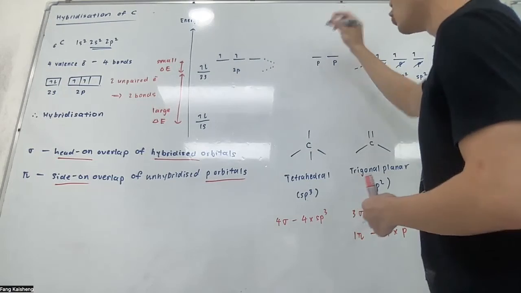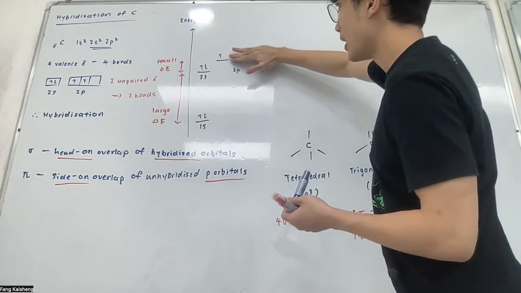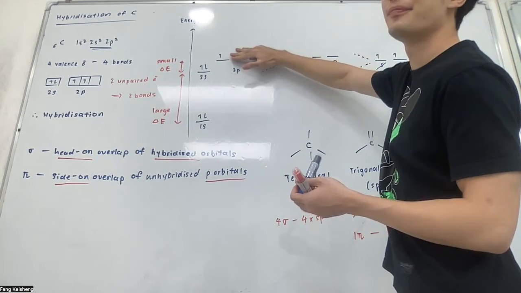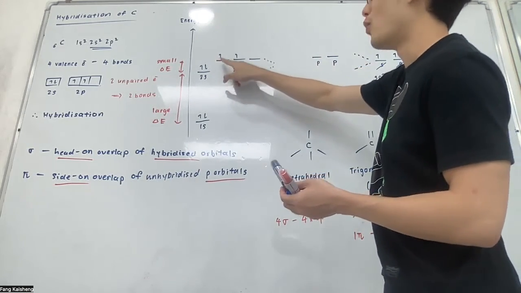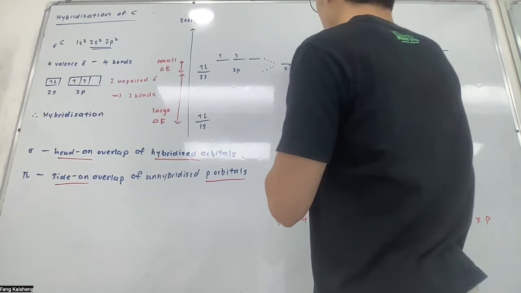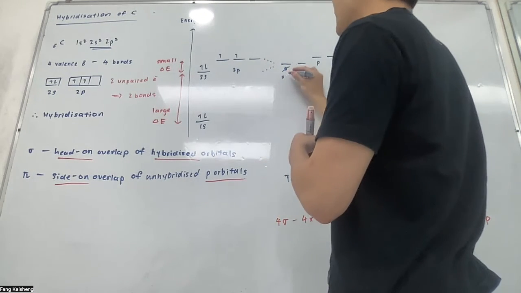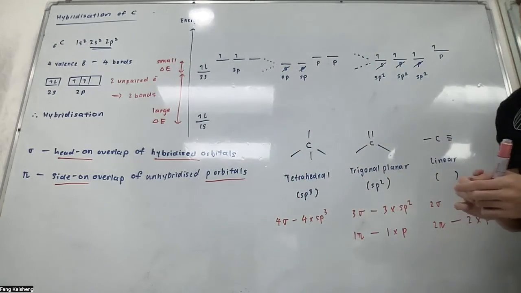So let me list out the two p orbitals here. With these two p orbitals out of the way, what is the hybridization now? 1s mixed with 1p. If you have 1s mixing with 1p, they hybridize into sp. There's no 1, it's just sp. So these are called sp hybridized orbitals.